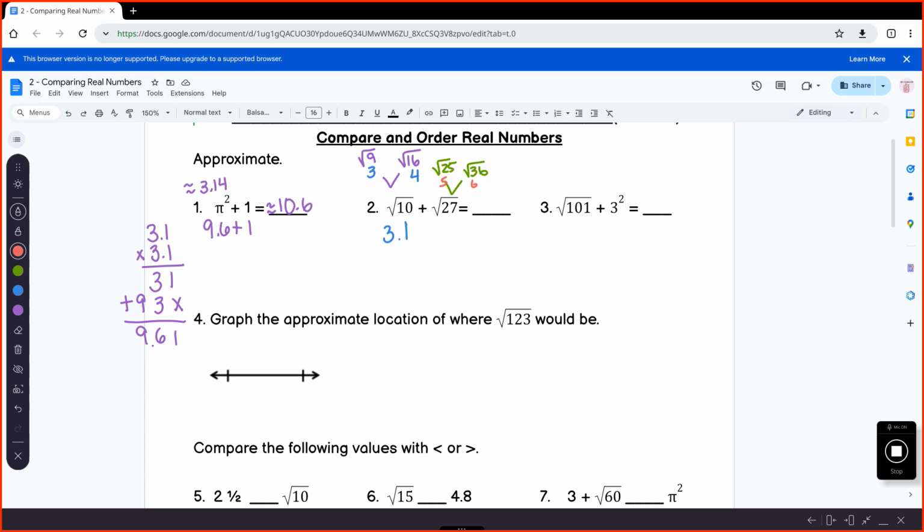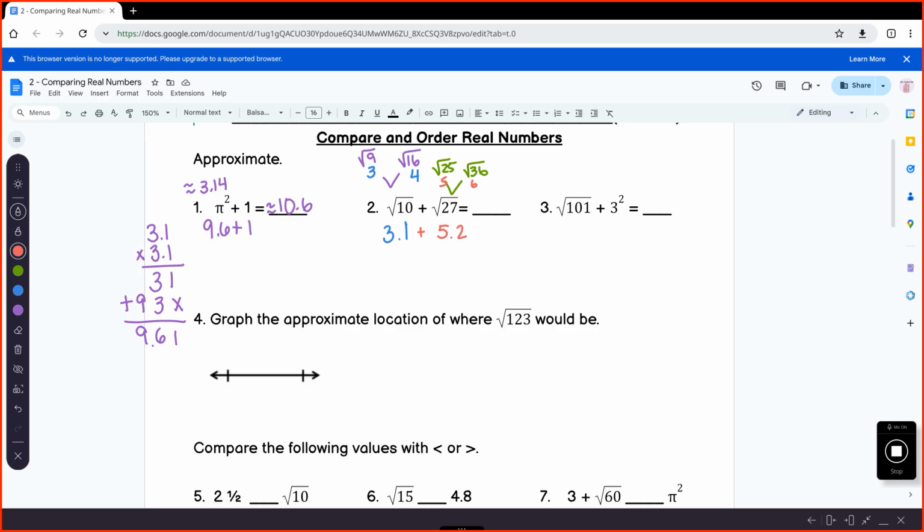The square root of 36 is 6. 27 is way closer to 25 than it is to 36, right? So the square root of 27 is way closer to the square root of 25. So that means it's way closer to the 5 than it is to the 6. So I'm going to approximate this to be about 5.2. If you have something around that, then you are okay.